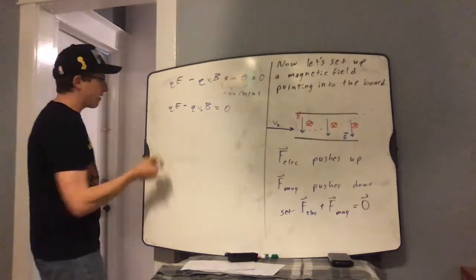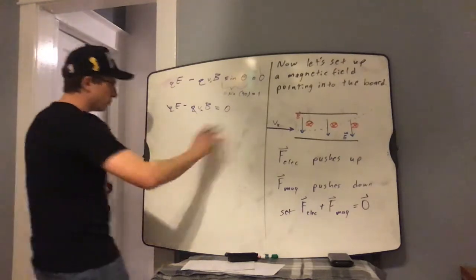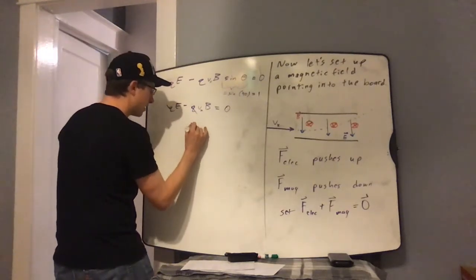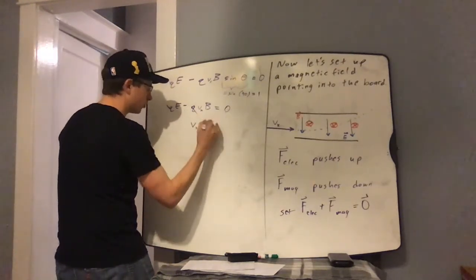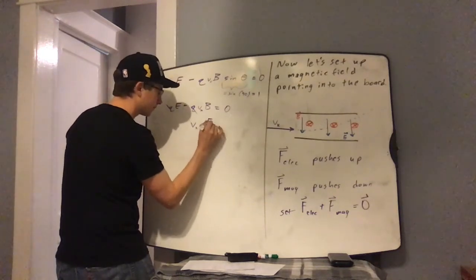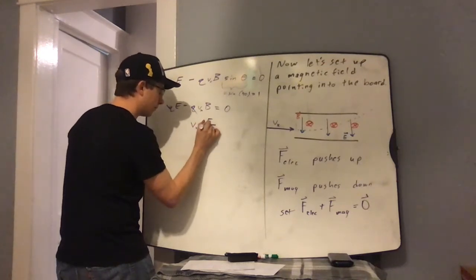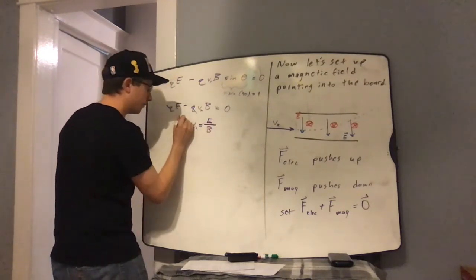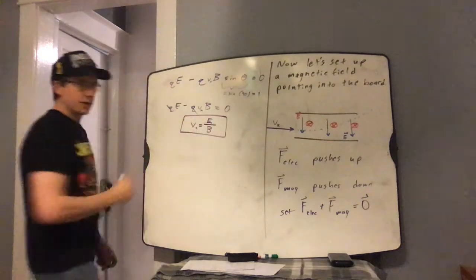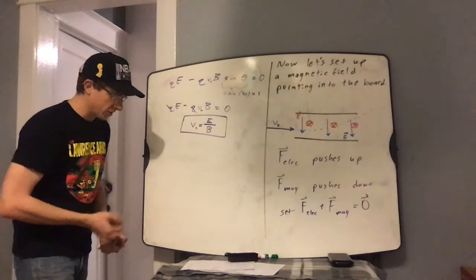Now, okay, I have Q and Q cancel each other out, and I could rearrange this term and find Vx is equal to E over B. Okay, this is going to be one important piece of information for discovering the electron.